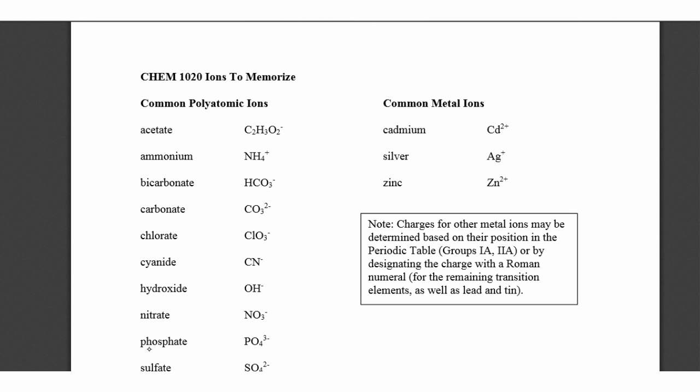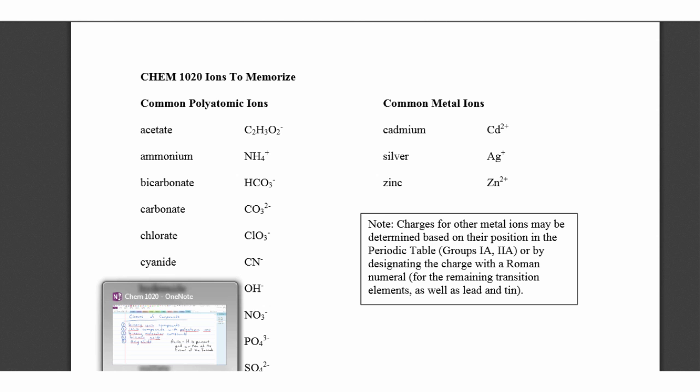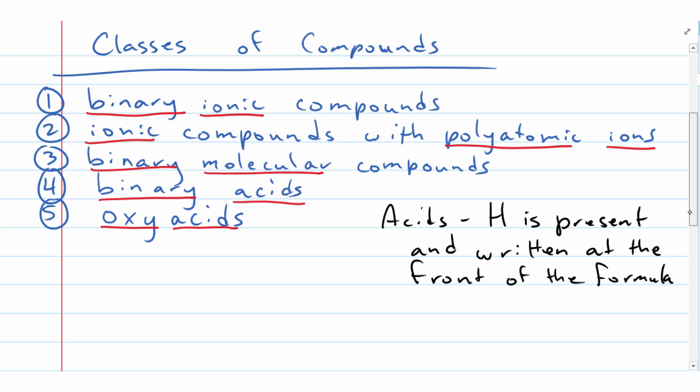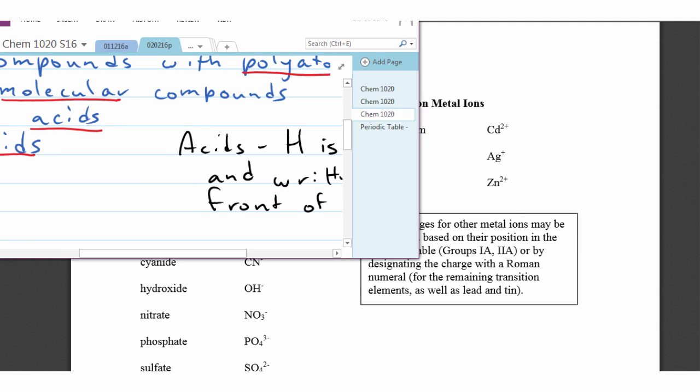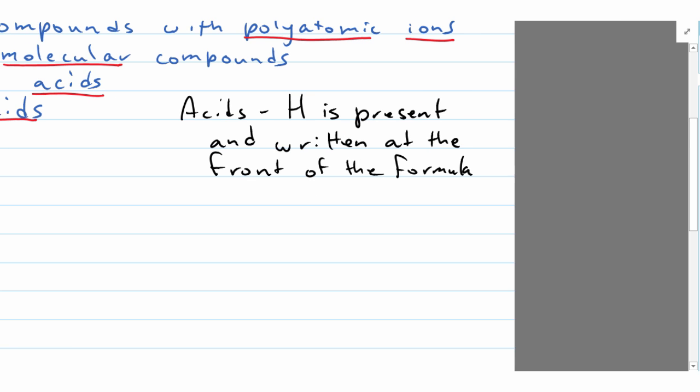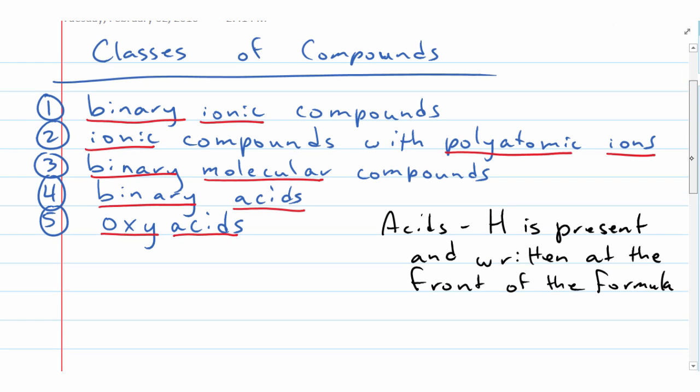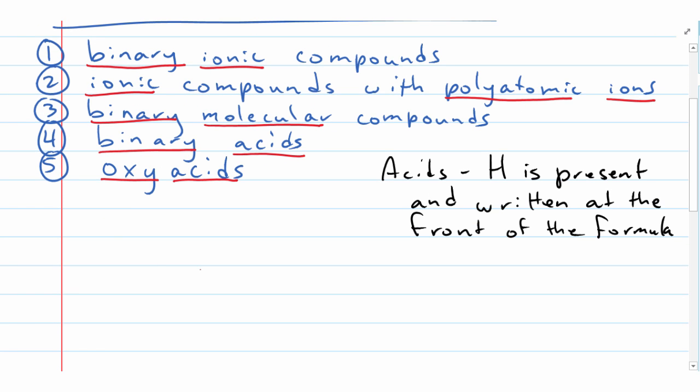So with those in mind, what we are going to do is I'm going to write down some chemical formulas here, and I would like to have you classify them according to the 5 categories that are up here. The first one I'll write is going to be H3PO4.